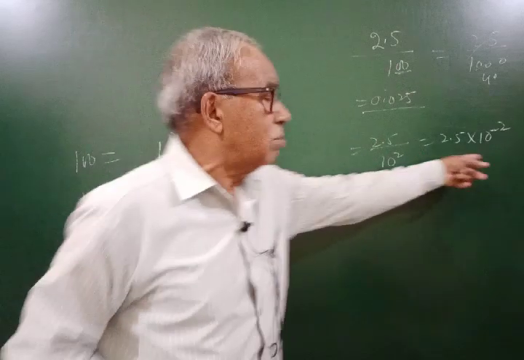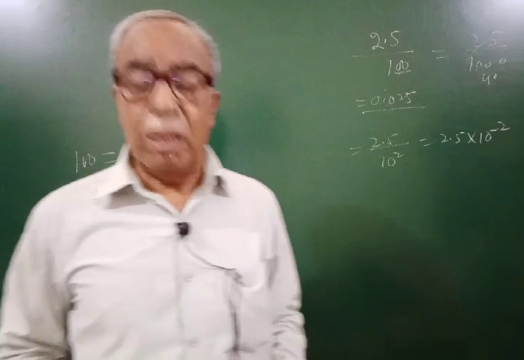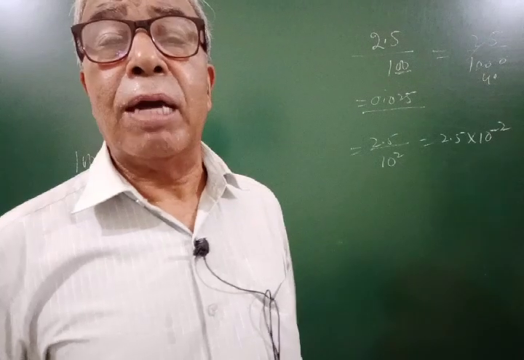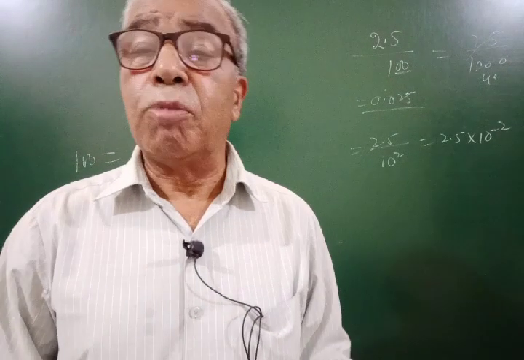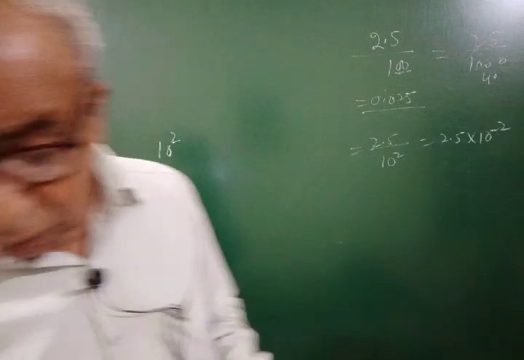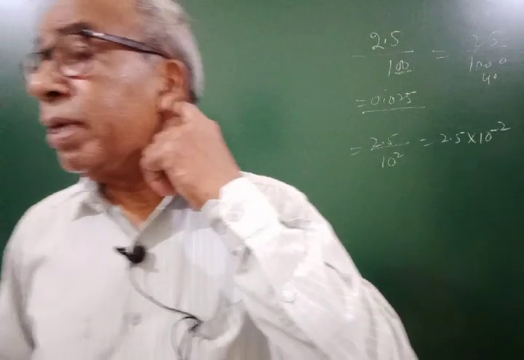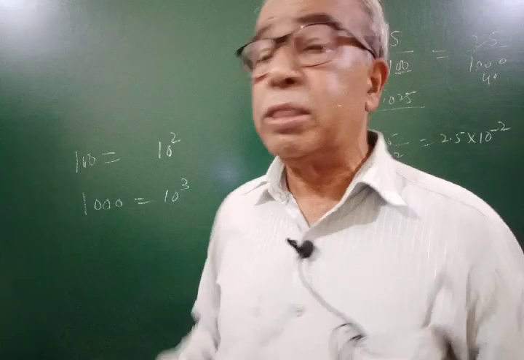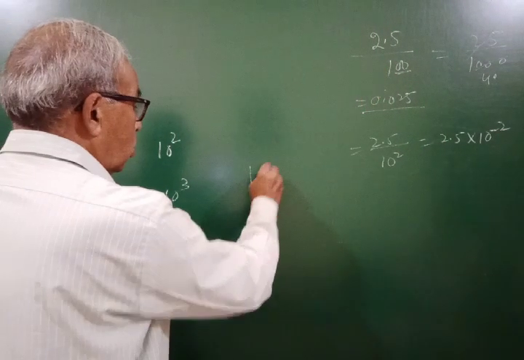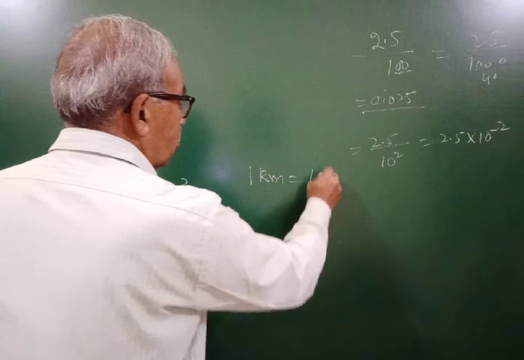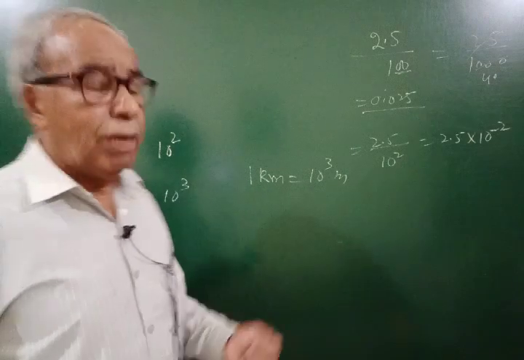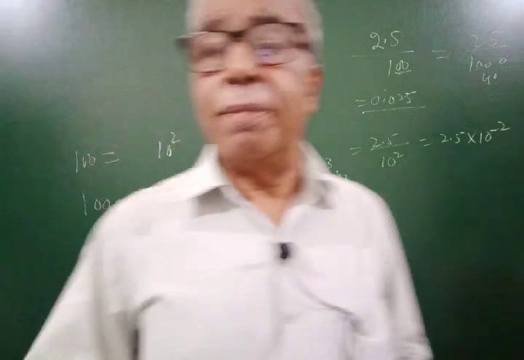Please think over the tricks and simple calculation. The decimal system is brought for this purpose, so that we can do calculation easily, and our CGS system and MKS system are decimal systems. For example, 1 kilometer is 1000, 10 to the power 3 meter, like that. Write in powers of 10. OK, see you in the next video.